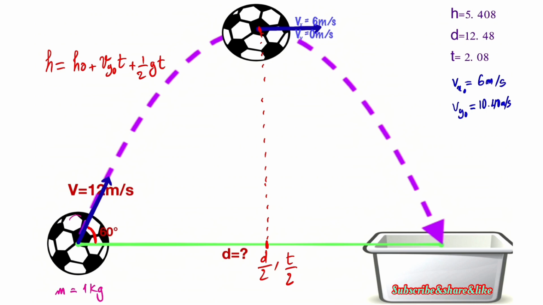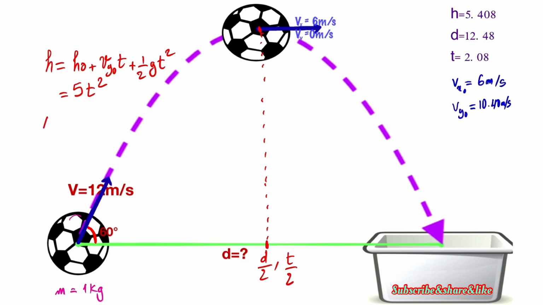So what we're going to get in this case, h0 is equal to 0, and vy0 is equal to 0, because it is not moving, we just let it go. So we will end with this one. 10 divided by 2 is just 5. So we now have h equal to 5t squared.